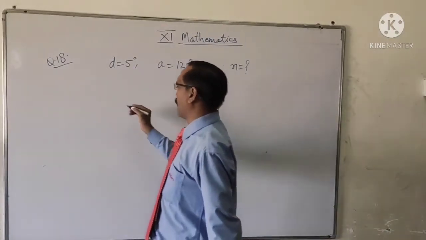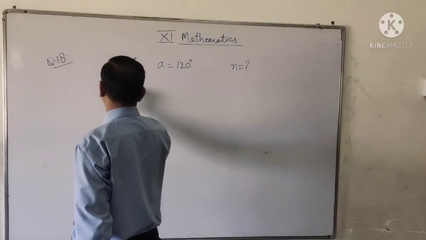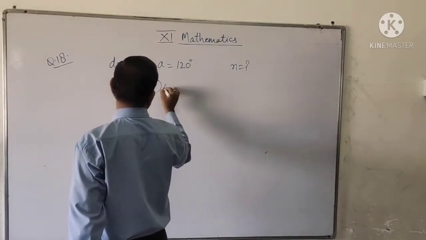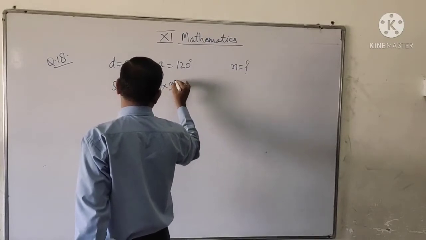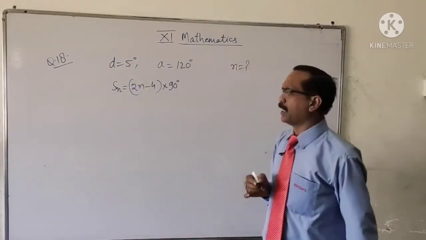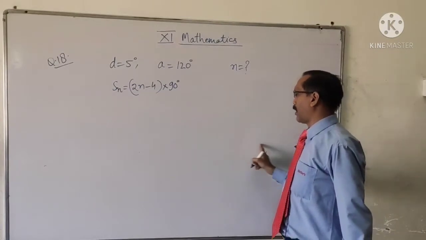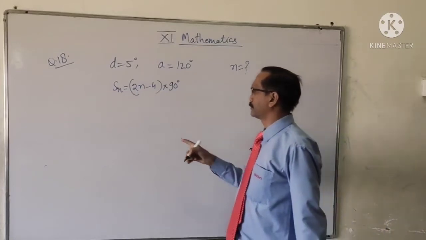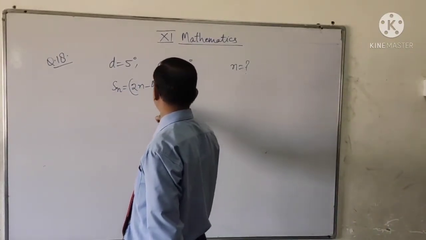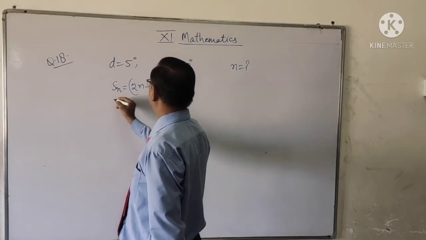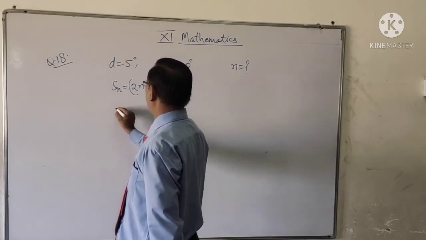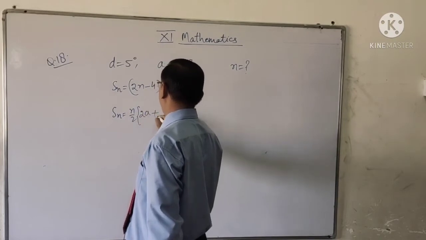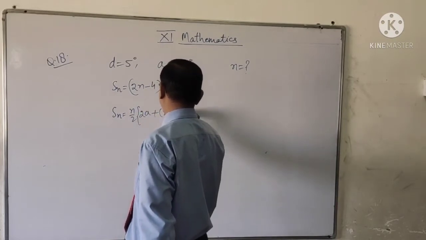Students, there is a formula for the sum of all interior angles of the polygon: Sn equal to 2n minus 4 into 90 degrees. Then Sn equal to n by 2 into 2a plus n minus 1 into d.